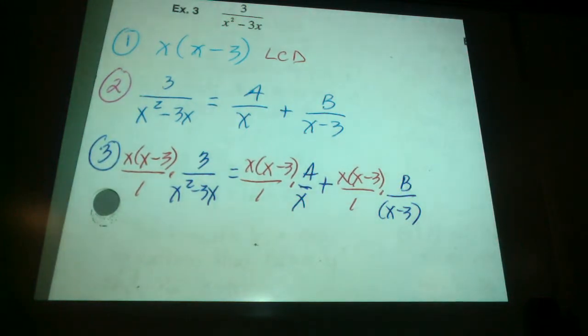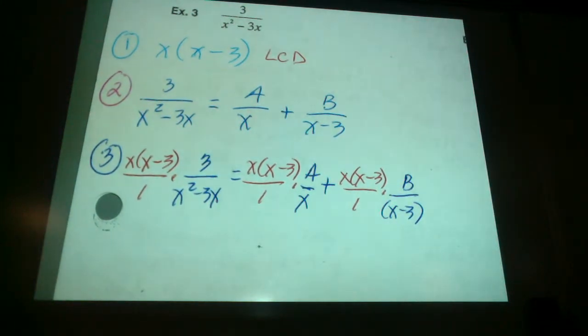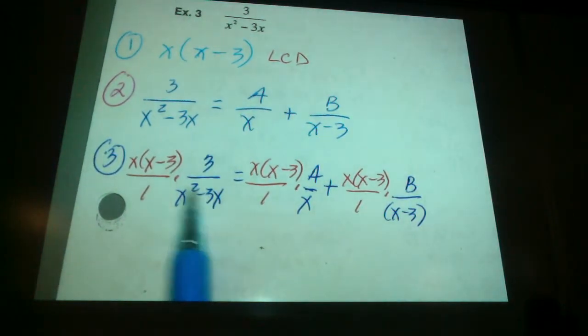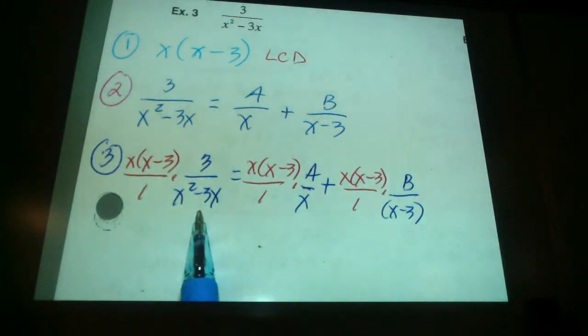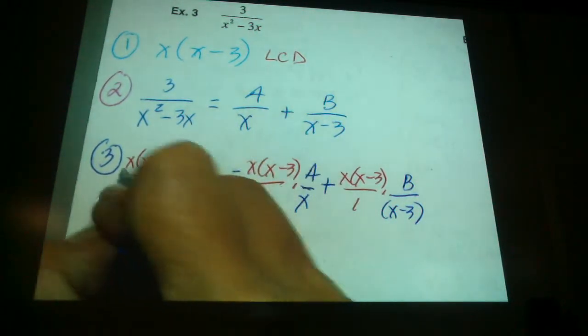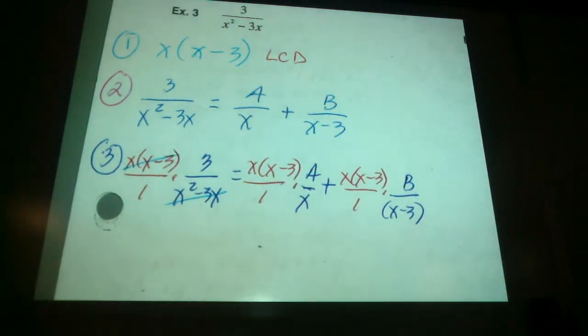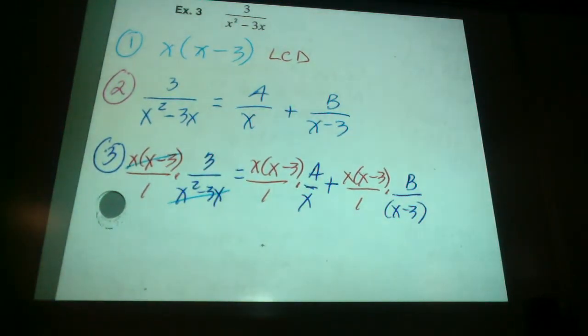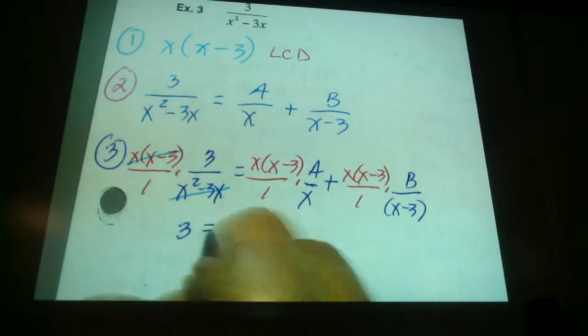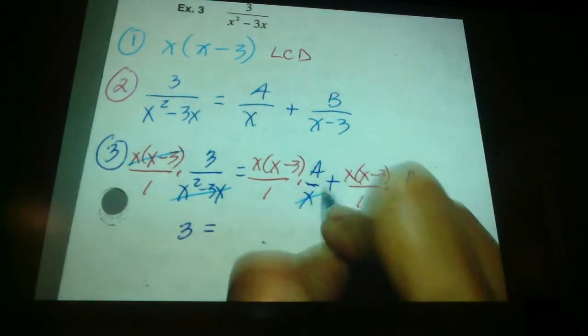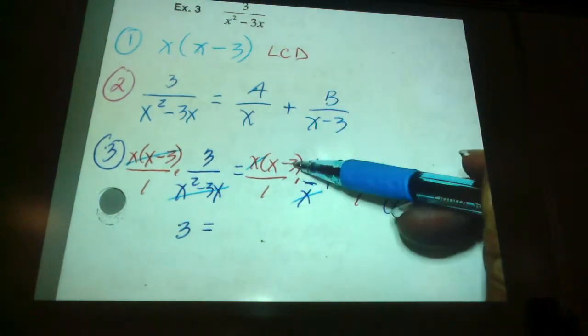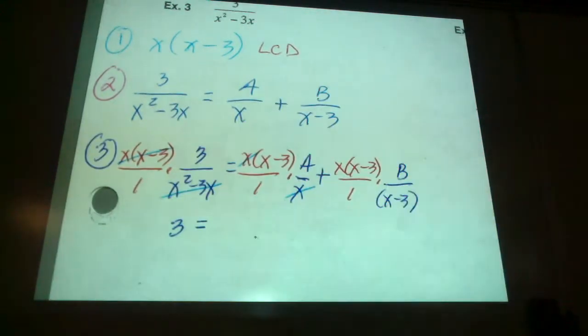And the whole point of multiplying by the LCD is to get rid of all of your fractions. Your basic equation should not have any fractions in it. Wouldn't you agree that this entire denominator cancels with both of those factors since we factored this and got that? So you are left on the left side of the equal sign with just a 3. And then this x cancels with that x, and you're left with an x minus 3 and an A. I prefer to put the A in front.